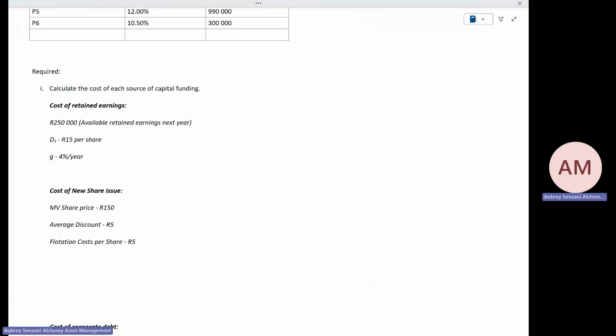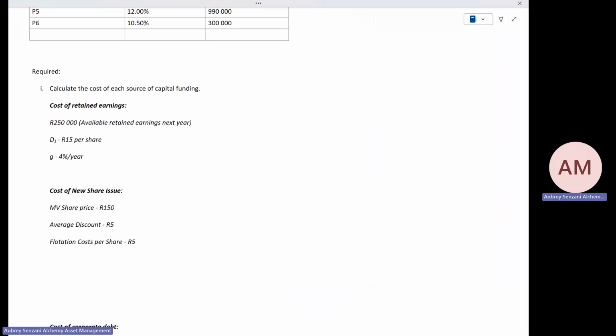Pertaining to each component of our capital structure. Right. So ordinary shares. The company's shares are currently trading at a share price of 150 per share. Okay.